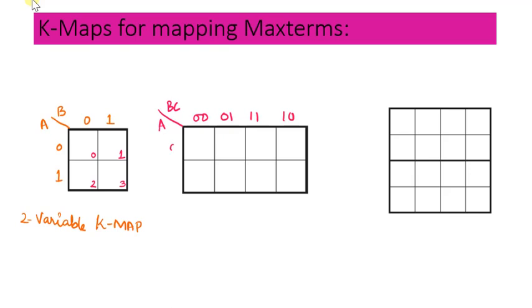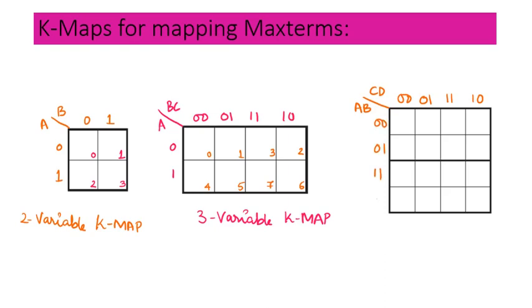Whether it is a 2 variable, 3 variable, 4 variable or any other higher variable map, the mapping and the decimal notations will remain the same when you are mapping either minterms or max terms. In all the 3 Karnaugh maps represented here, the decimal notations remain the same.